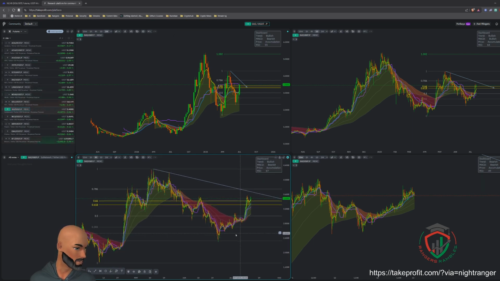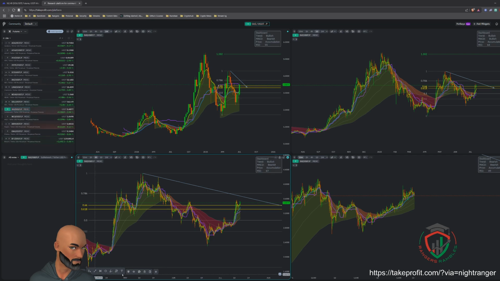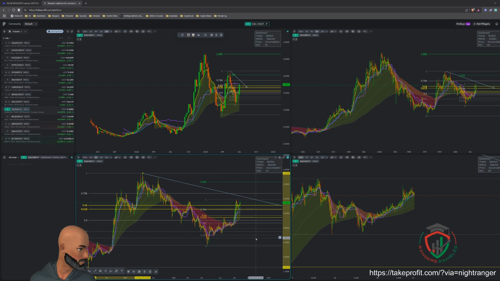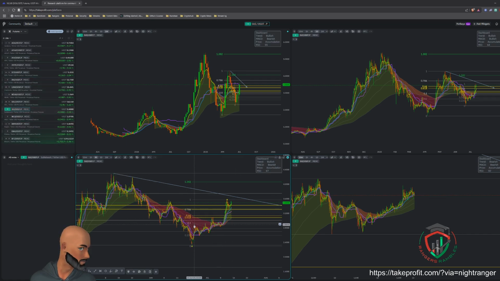That's pretty interesting. Yeah, rejected at the bottom perfectly, broke through. Now it's bounced on the 786, which is the confluence, so it's going to 1382, which is going to $4 currently.